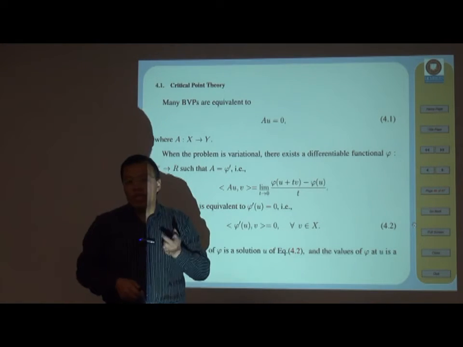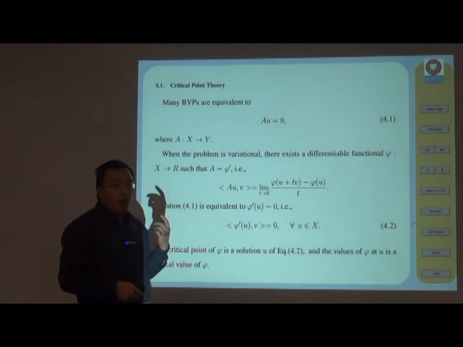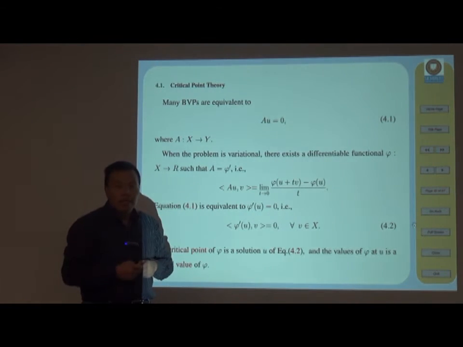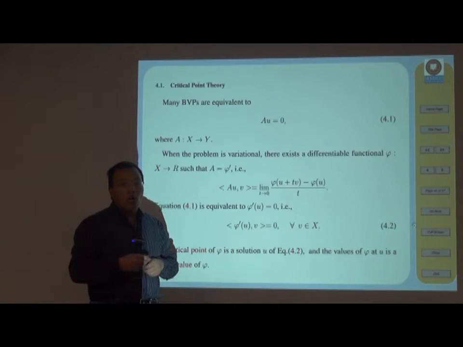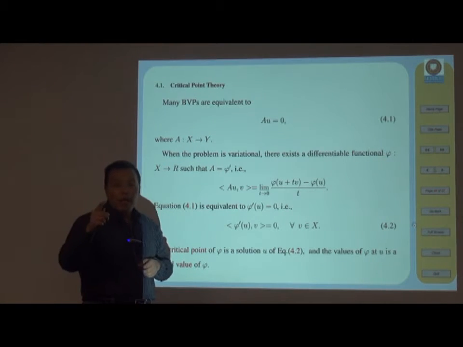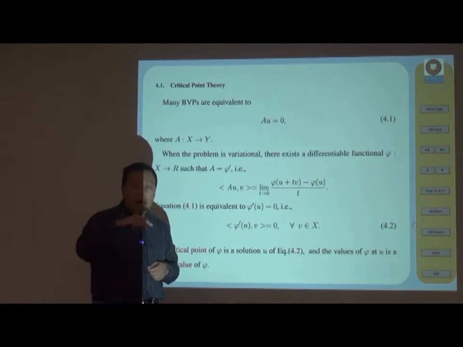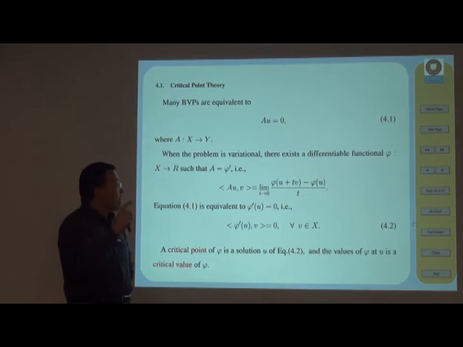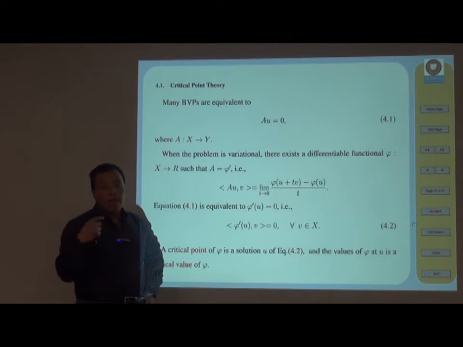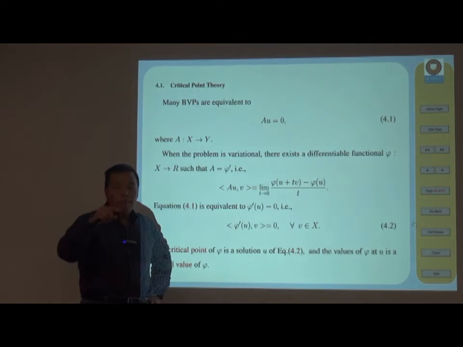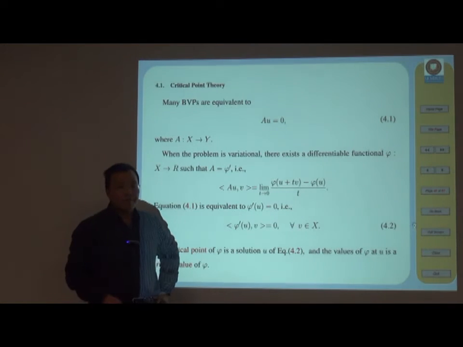By the use of the Green function G(t,s), when t is less than s, it is defined as t times (1 minus s), and in the other case, it is defined as s times (1 minus t).